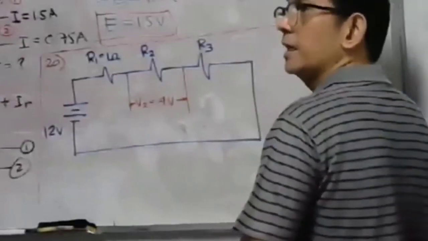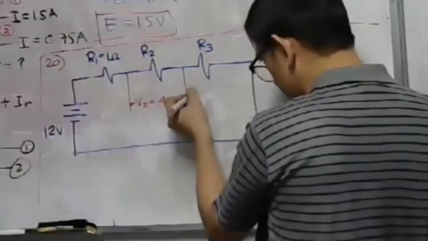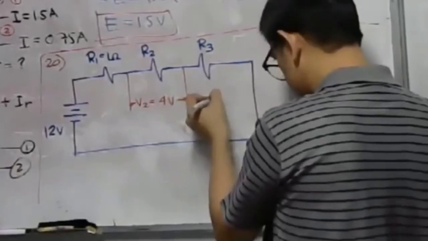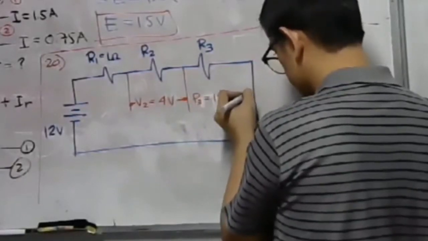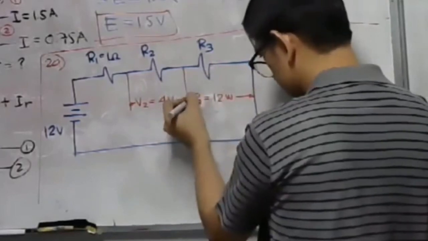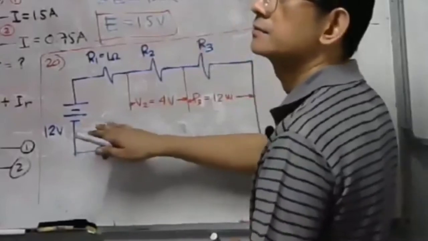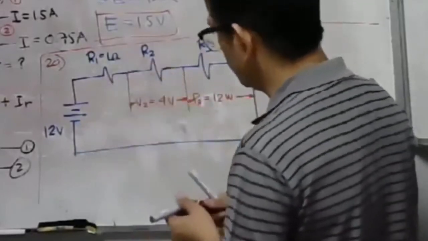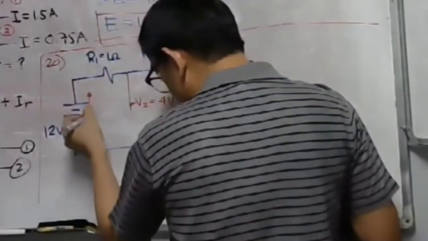And the third has a power dissipation of 12 watts, meaning P3 is 12 watts. Calculate the value of the circuit current. The circuit current, of course, is no other than current I.